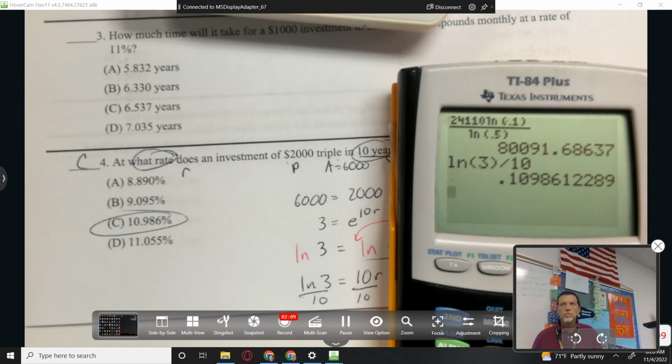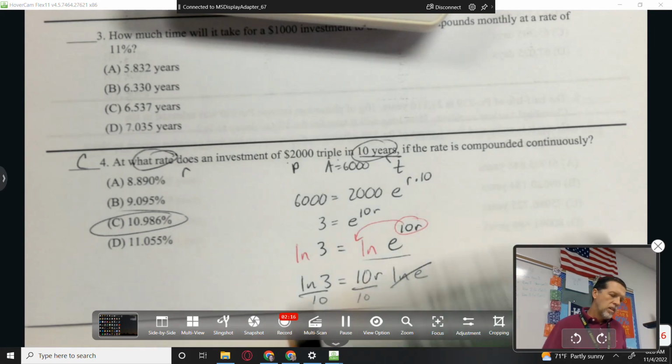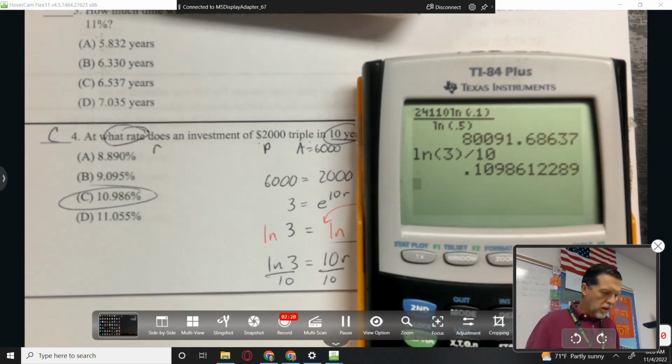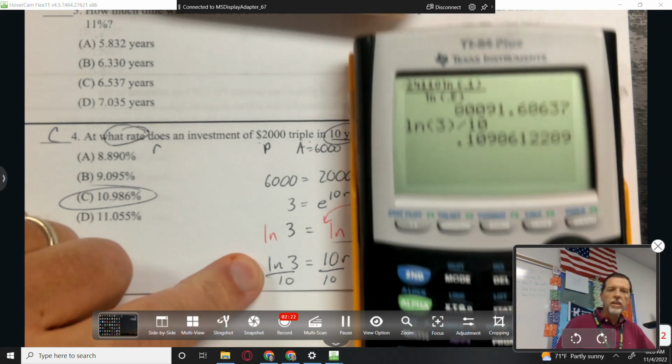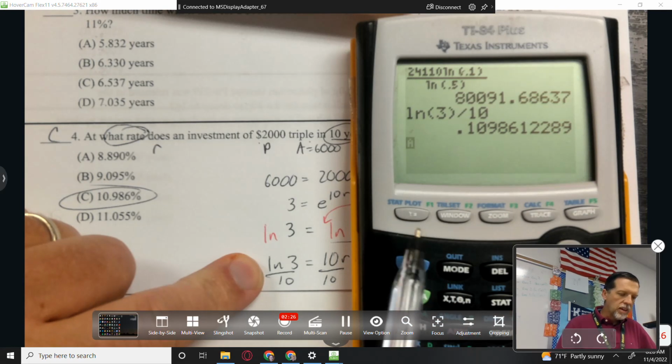Can you also go over it again, just as a refresher, how to get the fraction bar on the calculator? So let's put this one in with the fraction bar to make it look exactly like my paper here. The fraction bar is alpha and then F1. Alpha, F1.